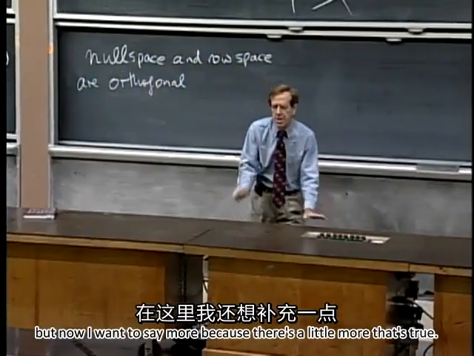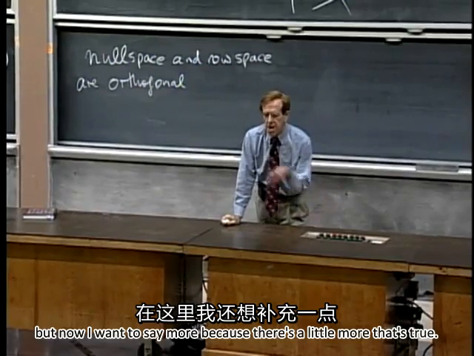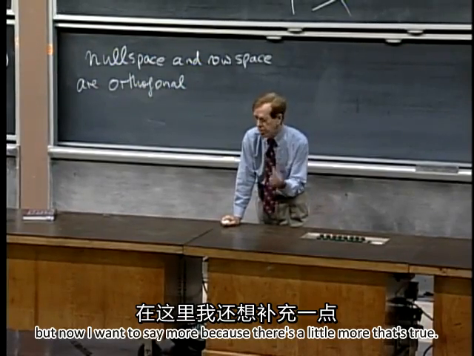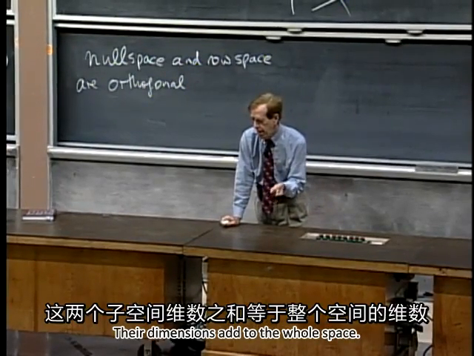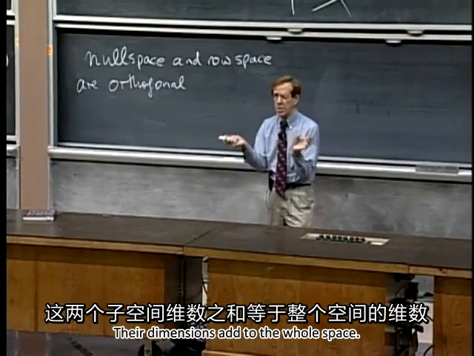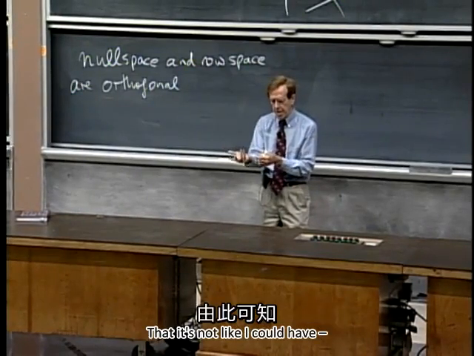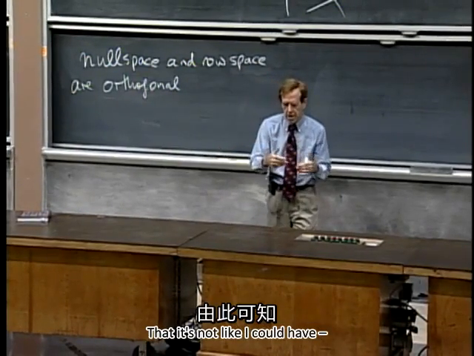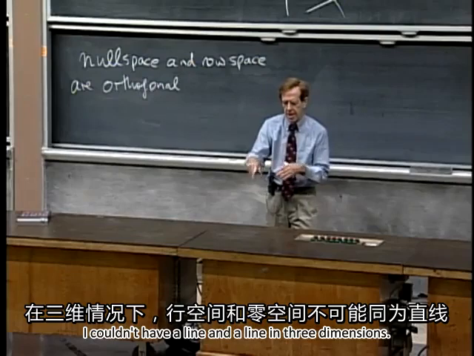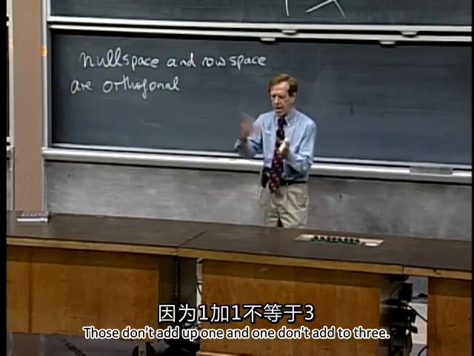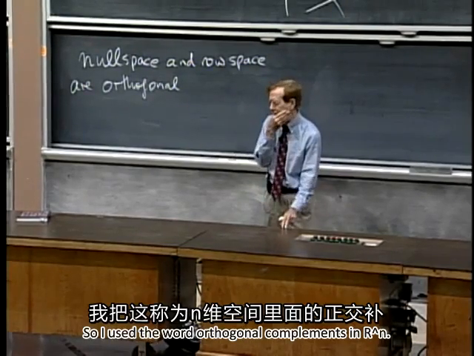But now I want to say more, because there's a little more that's true. Their dimensions add to the whole space. So that's like a little extra information. It's not like I couldn't have a line and a line in 3 dimensions. Those don't add up. 1 and 1 don't add to 3.